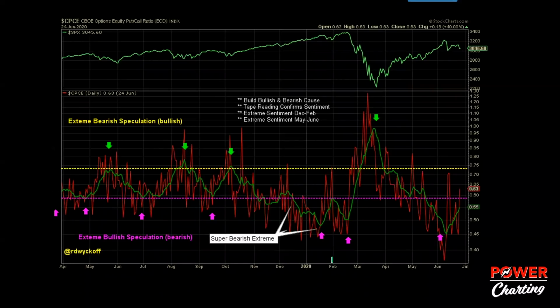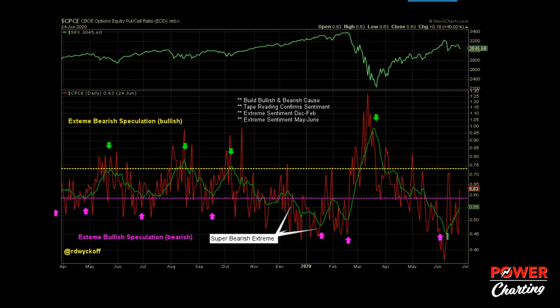Now, we've looked at this chart numerous times, and this is the put call option ratio, which became historically oriented towards call buying, extreme optimism, back in early June.